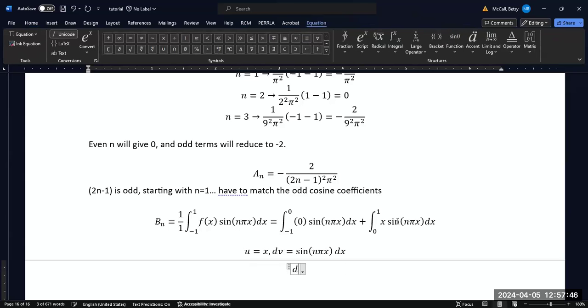And for that, we're also going to need integration by parts. Then du will be dx, and v becomes negative cosine n pi x over n pi.